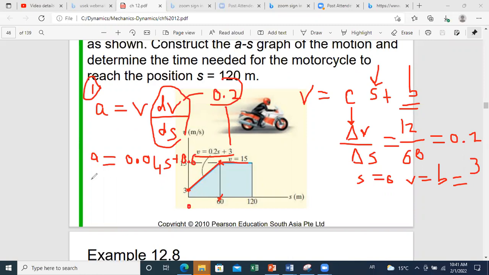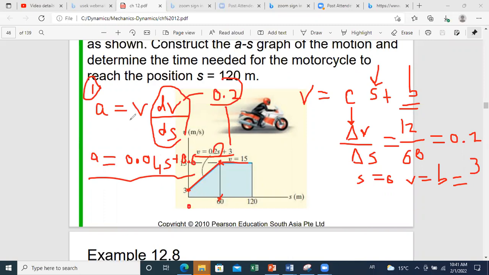It's a linear variation with position. So please pay attention here. V is linear with respect to S, and also A is linear with respect to S. Not like time. If V is linear with respect to time, A is a second degree function of time.